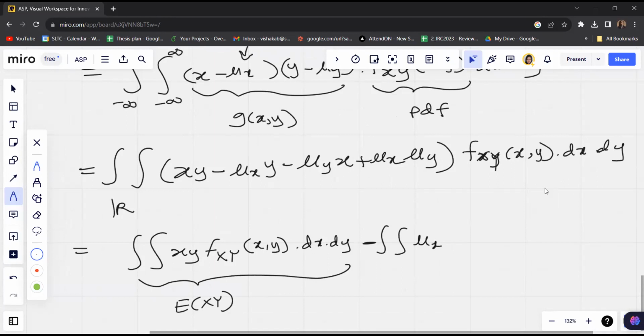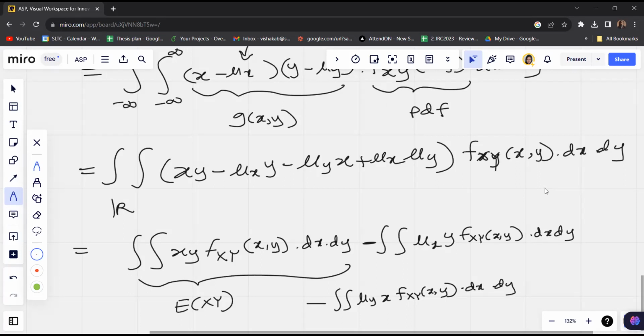So what you need to do is, I'm going to do it in the integration format. I can take this as mu_x y f_XY(x,y) dx dy, and then comes minus mu_y x f_XY(x,y) dx dy.